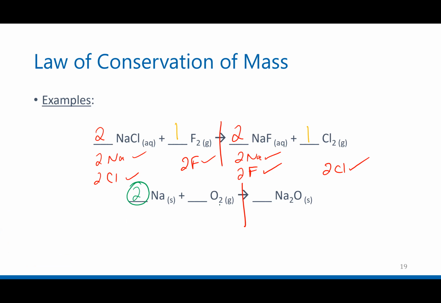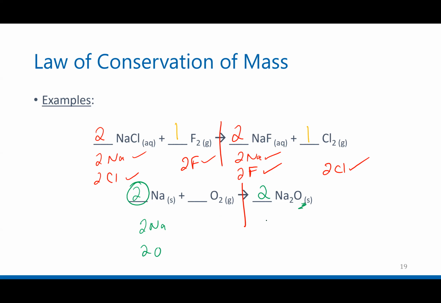Okay, so what about the oxygen? 2 oxygens here, 1 oxygen here. So I'm going to put a 2 in front. Now let's take a step back and count everything. So on the reactant side, I have 2 sodiums, 2 oxygens.